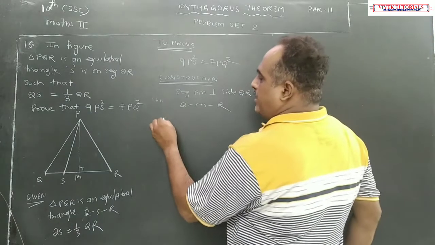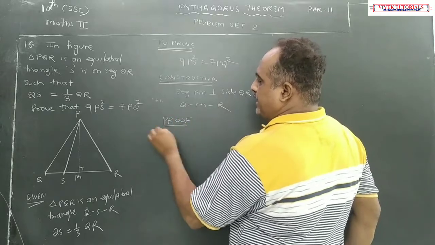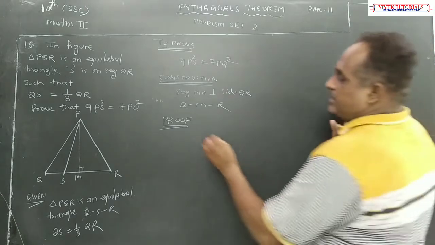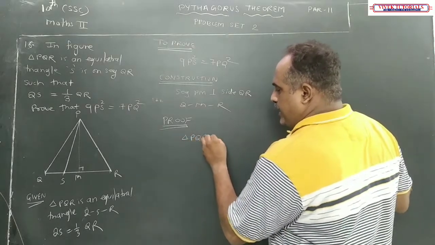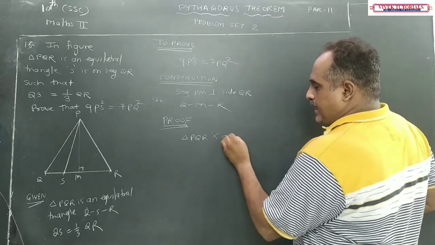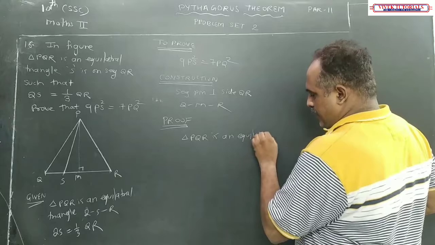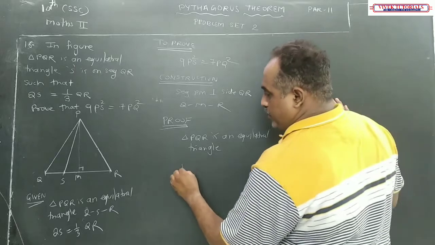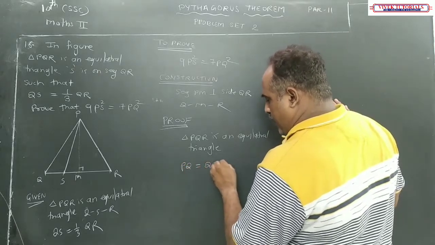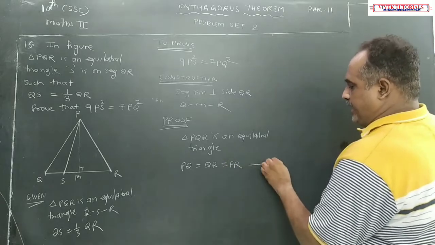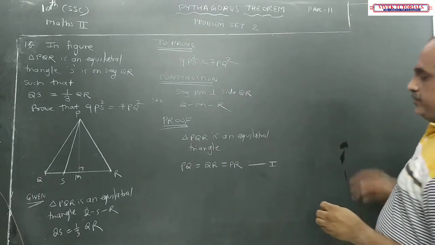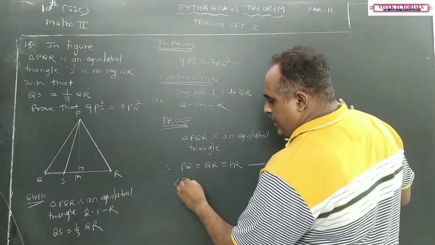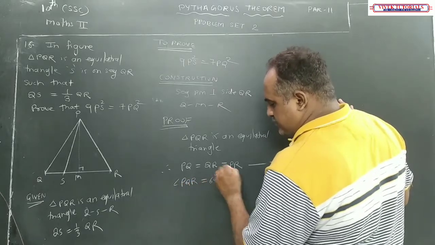Now, what we know about the equilateral triangle, I told you that all the sides of an equilateral triangle are congruent. So, we'll take that point only. Triangle PQR is an equilateral triangle. So PQ is equal to QR is equal to PR. I'll take it as equation 1. All sides of that, therefore, angle PQR is equal to 60 degree.